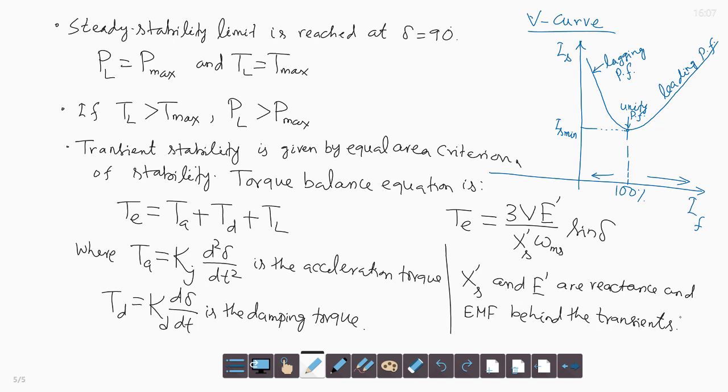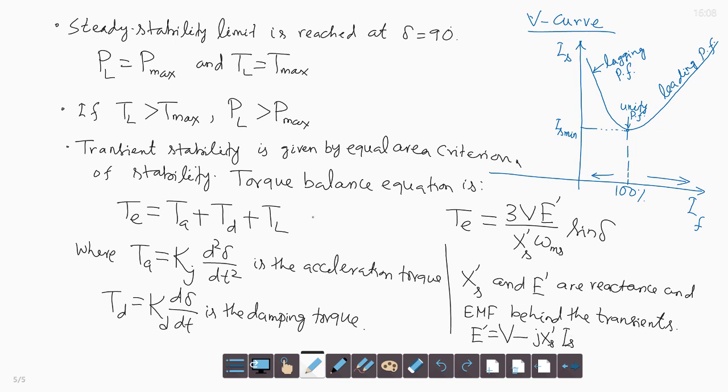So, we can write the induced EMF E dash is supply voltage V minus j x s dash into I s. So, x s dash is the transient reactance and E dash is the EMF behind that transient reactance.